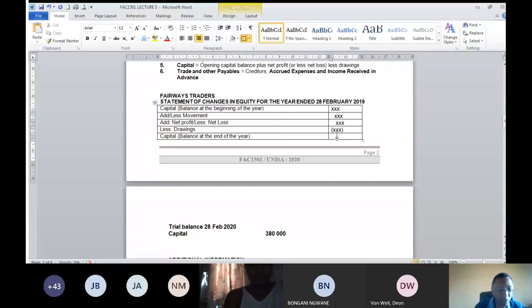And the answer that you will get there is called capital, the balance at the end of the year. And that is your statement of changes in equity.